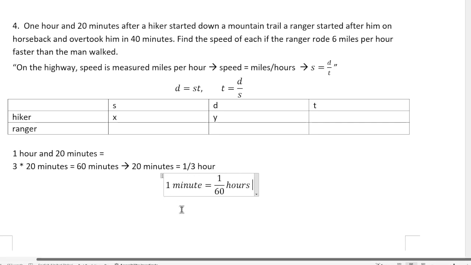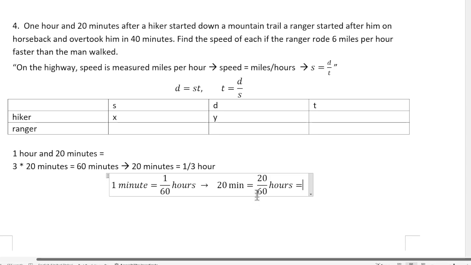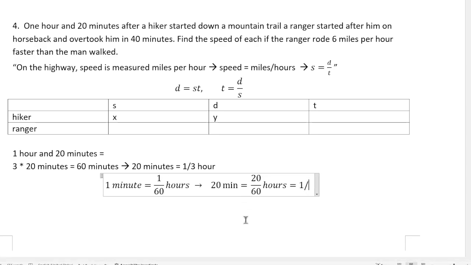And then you multiply both sides by 20, and you get 20 minutes equals 20 over 60 hours. And because 20 over 60 is 2 over 6, which is 1 over 3, so you get 1/3 hours.